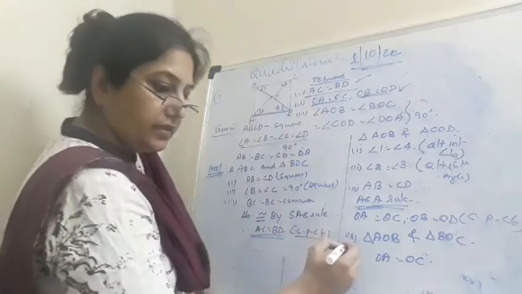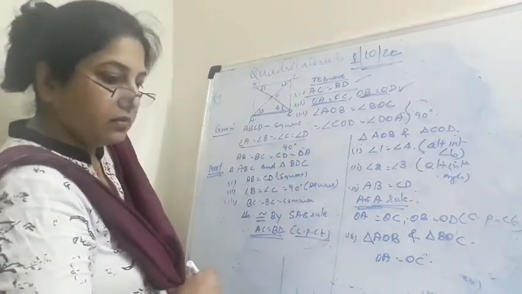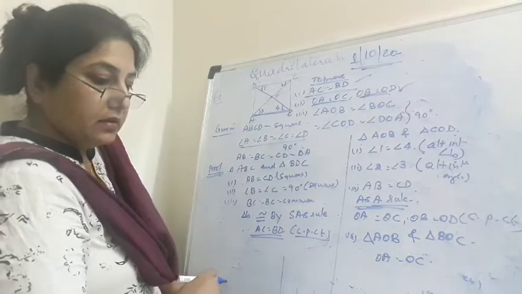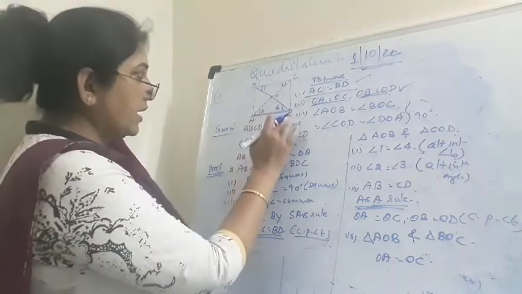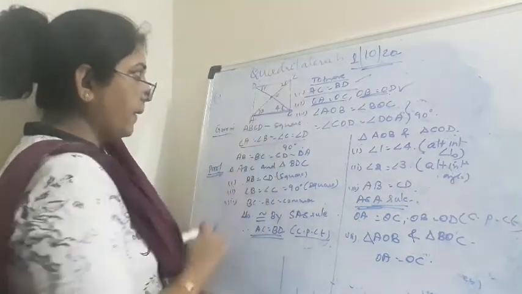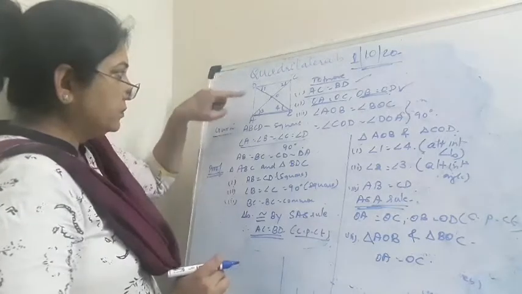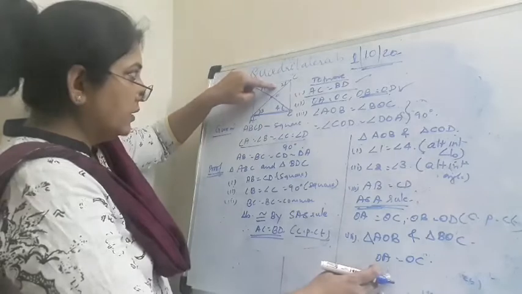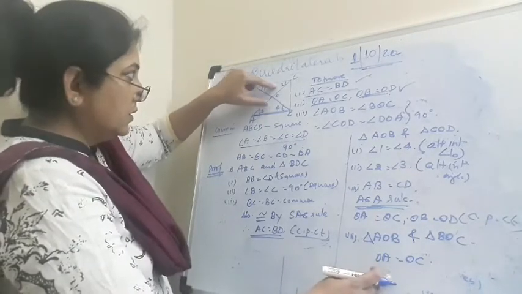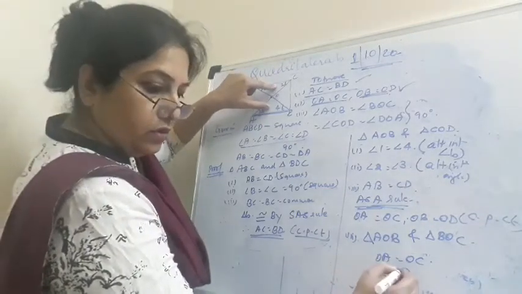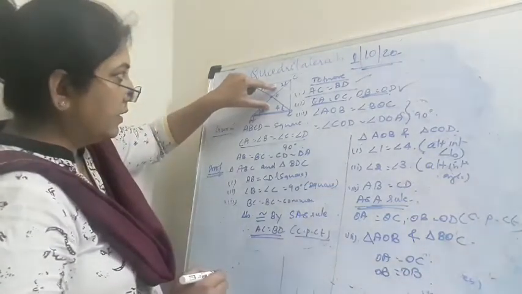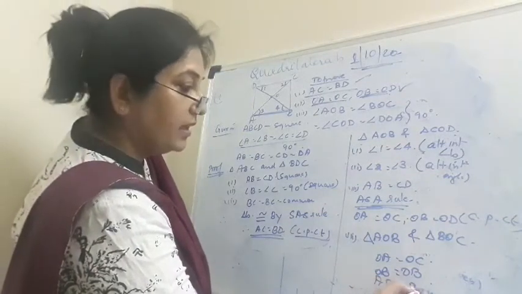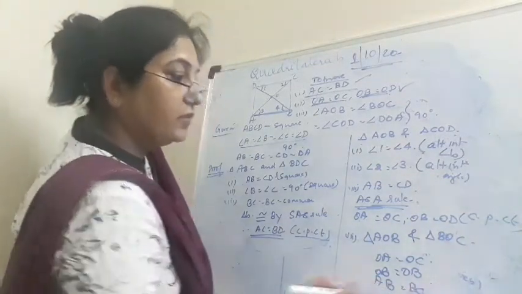What is a common side? In triangles AOB and BOC, OA is equal to OC, which is already proved, and OB is equal to OB, common, and AB is equal to BC because the four sides of the square are equal.